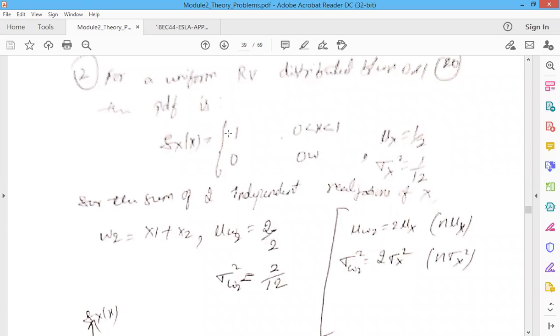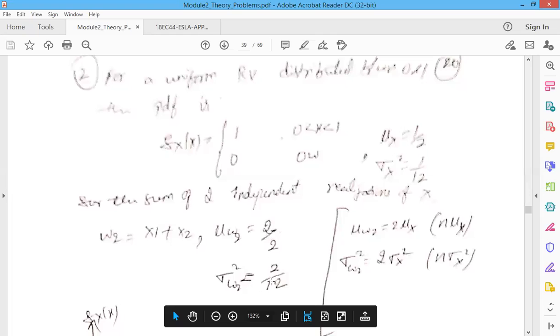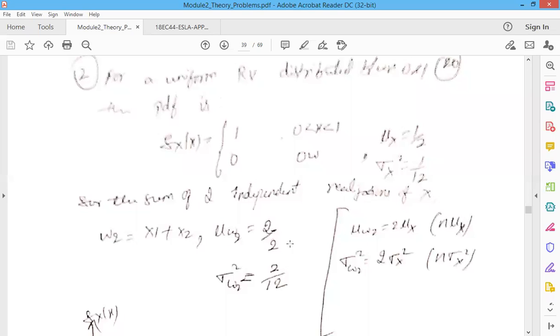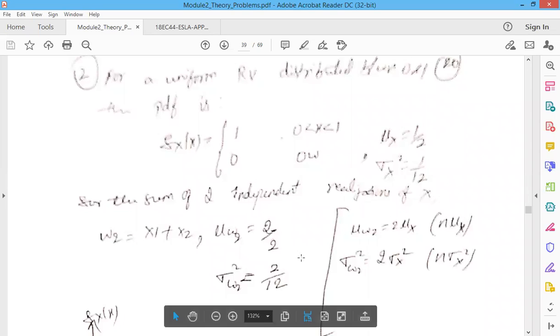So whenever we consider the sum of two independent realizations of x, we can write w2 is equal to x1 plus x2, and the corresponding mean is n by 2, that is 2 by 2 is 1, and sigma w square is n by 12, that is 2 by 12, which is equal to n mu x and n sigma x square. So in that case you'll be getting the values as 1 and 1 by 6.